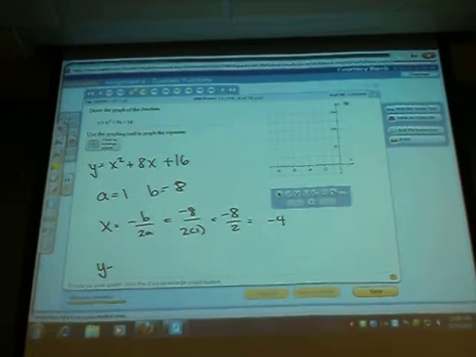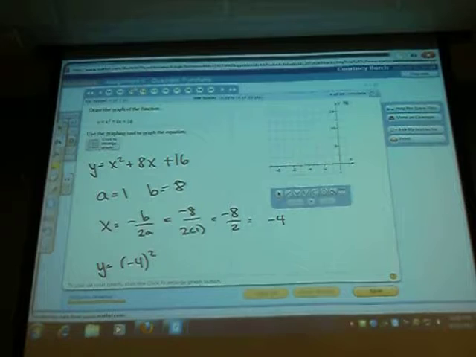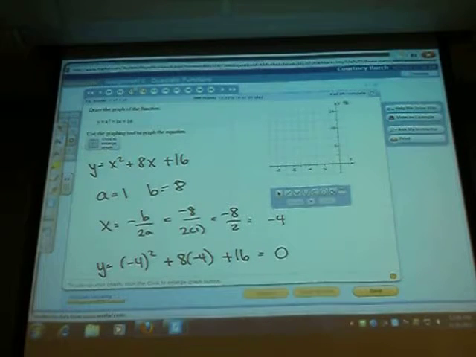Okay, and then my y value is going to be 0. And I just know it's 0 because I already worked it out. I didn't just magically land it on 0.